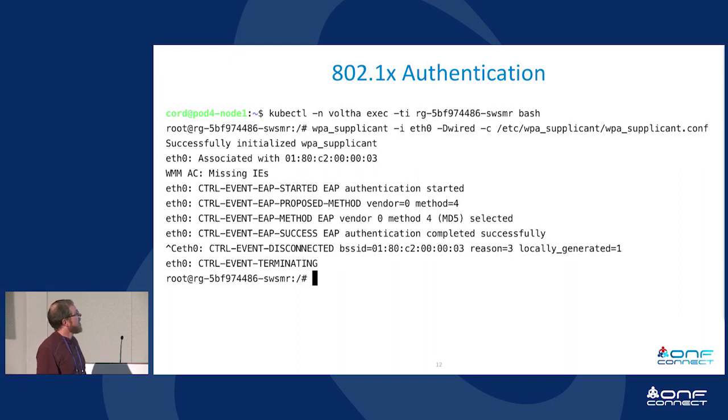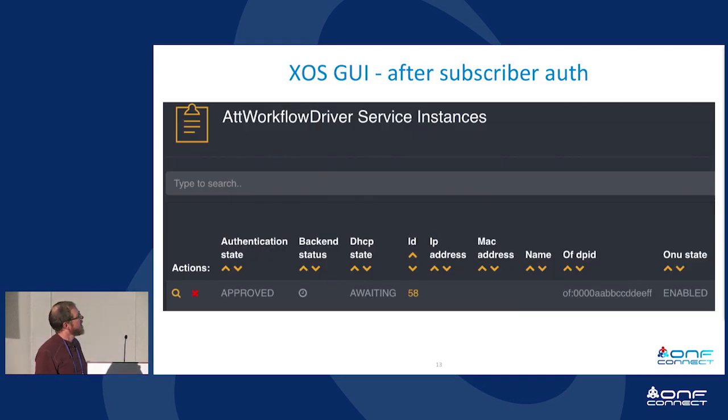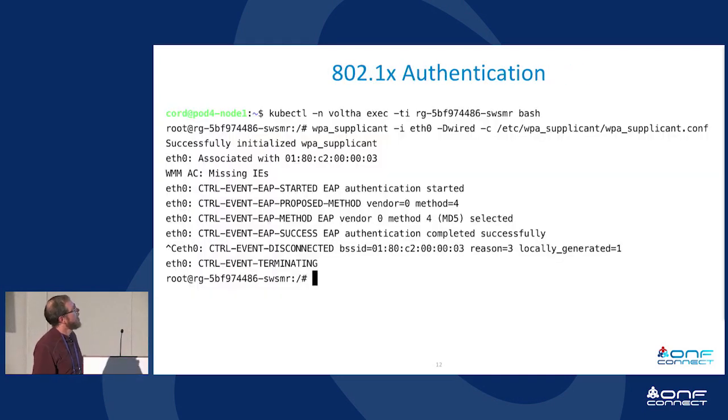Now at the top of the screen is the command to enter the RG container that's running. In there we can run the WPA supplicant command to start the authentication. You can see it prints out a bunch of messages, and eventually it says authentication completed successfully.